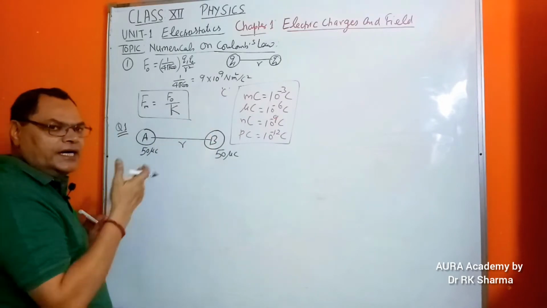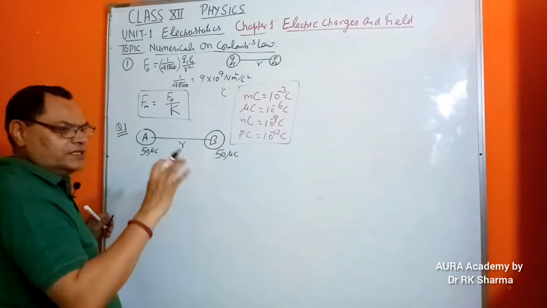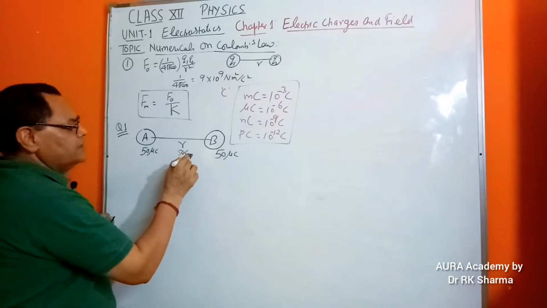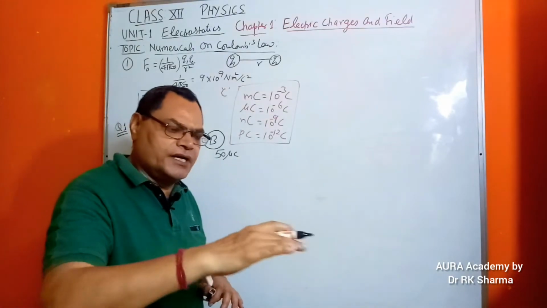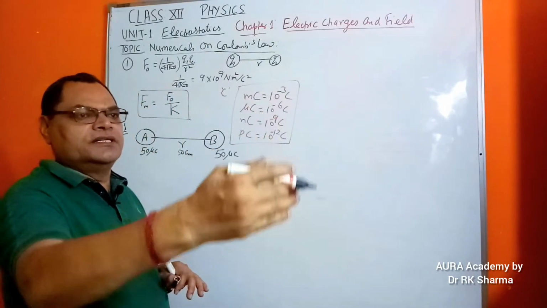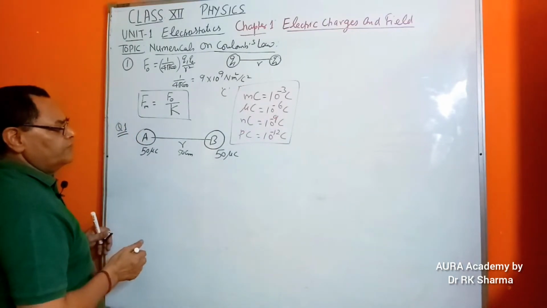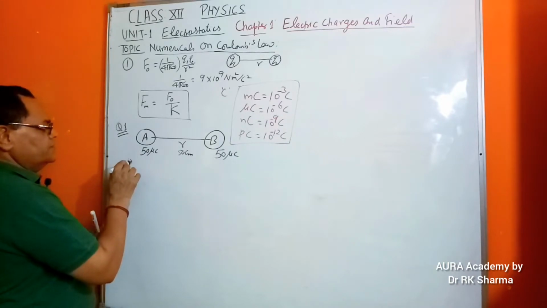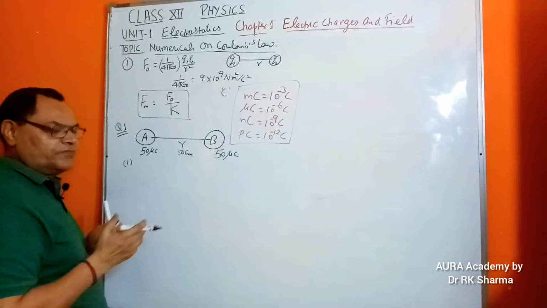They are two identical charged spheres, meaning the metal is the same and the shape is the same, and say the distance is 50 centimeter. We will start from very simple questions and slowly increase the difficulty level. The very first part of this question says, find the mutual force between these two charged spheres.